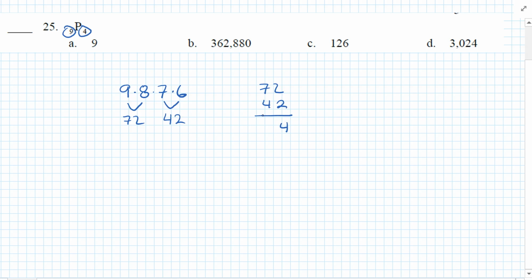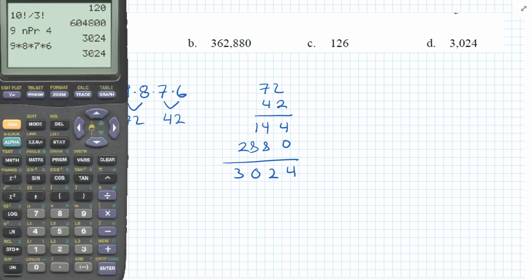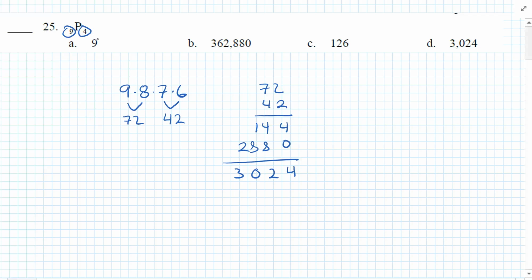So you know you're going to end with something in a 4. And again, calculator work, you can just plug it in. It is 3024 either way. Hopefully that's easy enough. Answer is D.